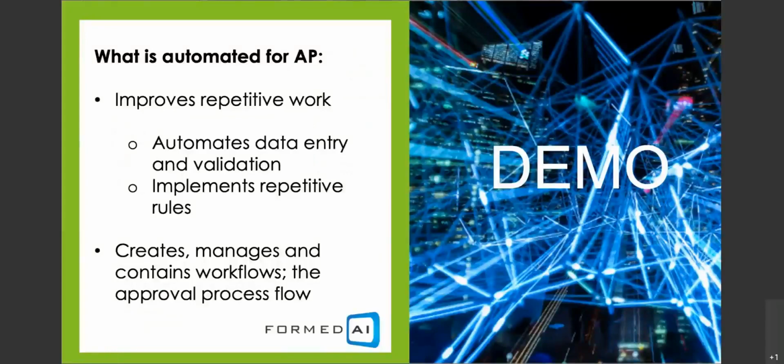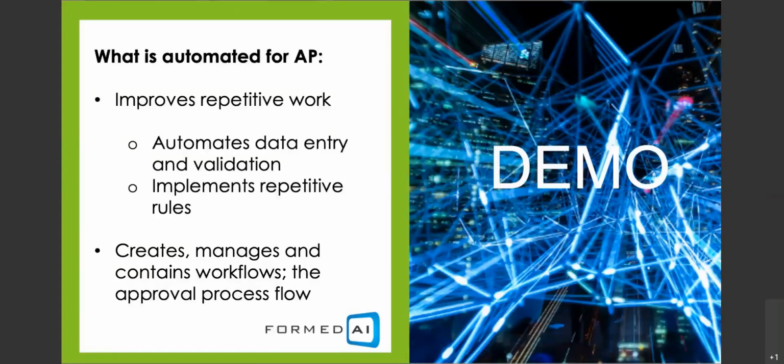So before I show the demo, everybody, here are some highlights of what can really be automated for accounts payable. First, an AP automation process is really about improving repetitive work. You can actually reduce about 80% of your labor inside your AP department, and there are specific ways to do this.